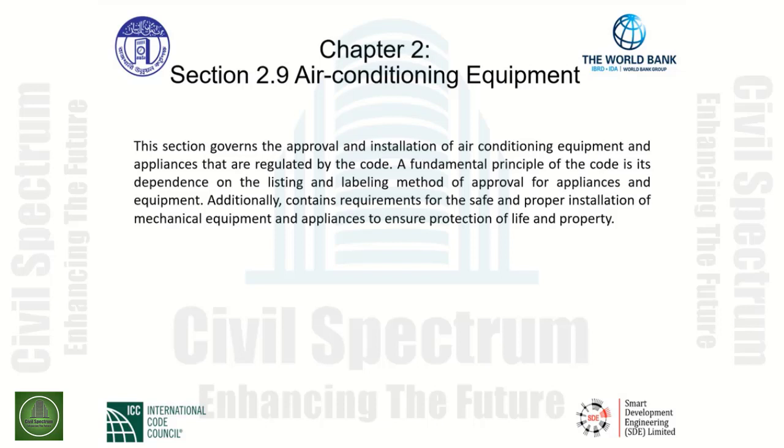Additionally, this section contains requirements for the safe and proper installation of mechanical equipment and appliances to ensure protection of life and property. We will go over specific key requirements of this code for specific equipment and appliances.